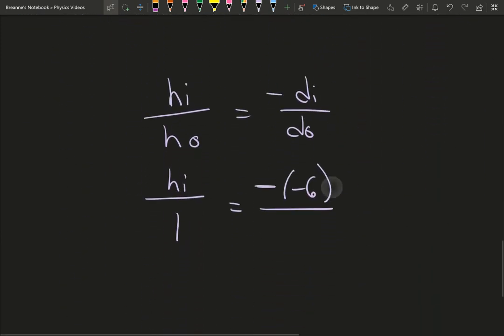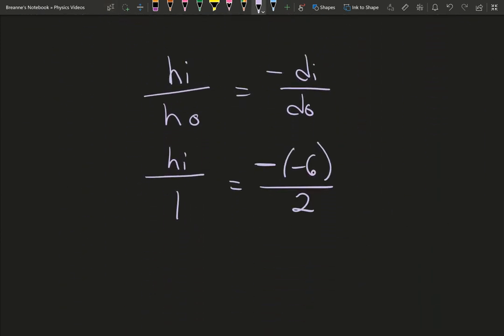Yep, 2. So you get that your HI, because the 1 can just go away, equals, that becomes positive, 6 divided by 2 is 3. So your height is 3 meters.